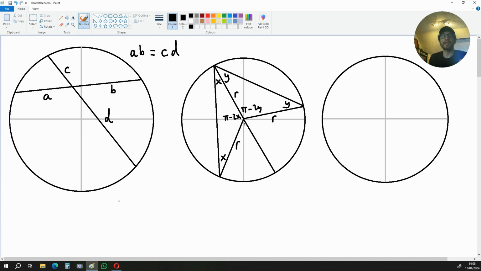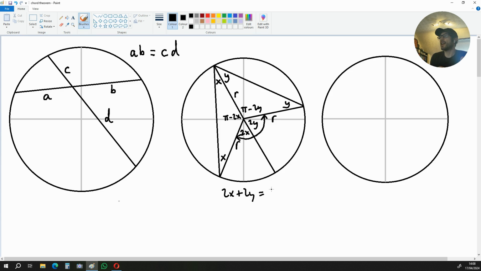If that's the case, because halfway around the circle is 180 degrees, then this means that this angle over here is going to be 2x, and this angle over here is actually going to be equal to 2y. So as you can see, if we combine these two angles over here, we get 2x plus 2y.